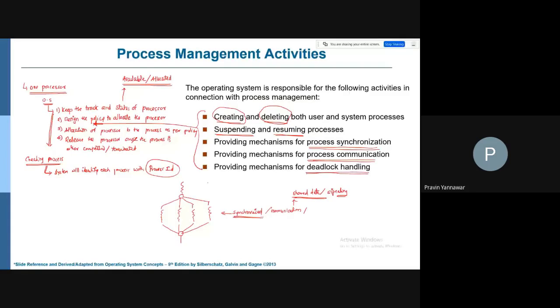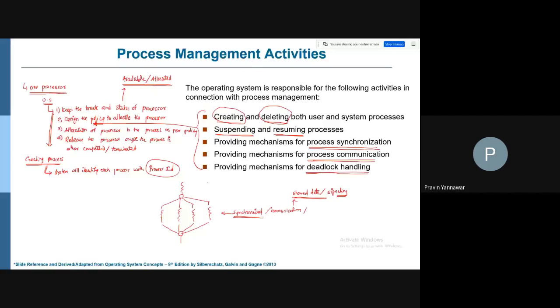The OS has to design a policy to allocate the resource, like when the processor is going to be made available for a particular process and what criteria are associated with the process, and then allocation of the processor as per the policy designed, and release of the processor whenever the process is either complete or terminated. This scenario is when you're looking at the processor as one of the resources.